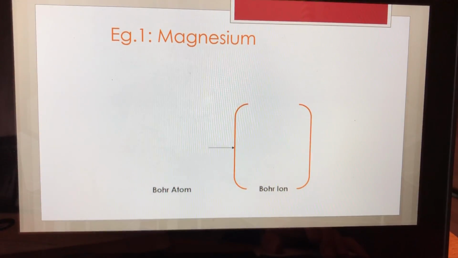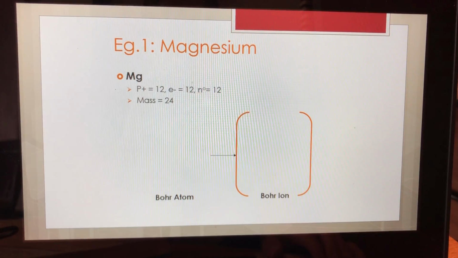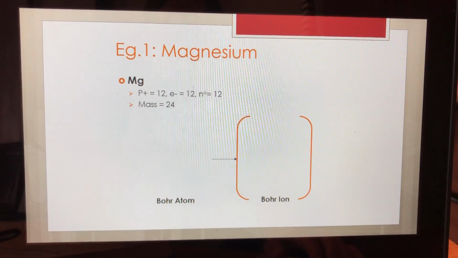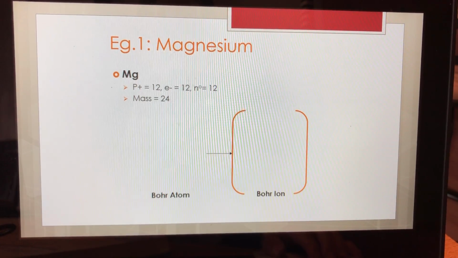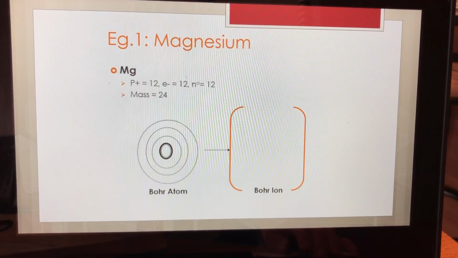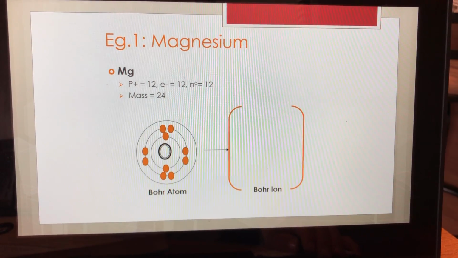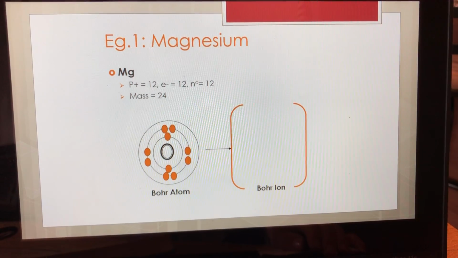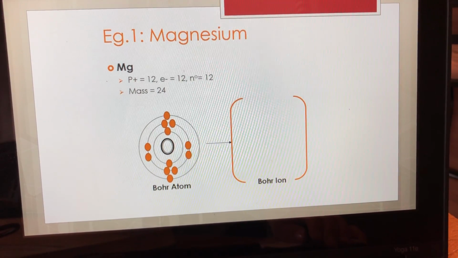Example number 1, let's look at magnesium. Magnesium has 12 protons, 12 electrons, and 12 neutrons, and the mass number is 24 from your periodic table. If we had to draw the Bohr-Rutherford diagram of magnesium, it would look like this: 2 on the first shell, 8 on the second shell, and 2 on the last shell.